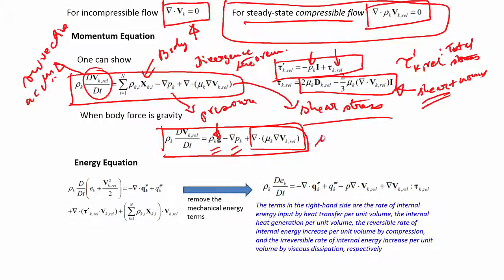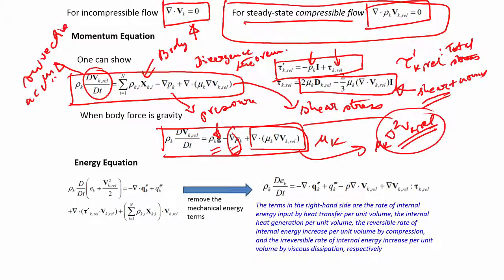If mu k is constant, then this term becomes, sorry, this is not the Laplace, this is the grad of the pressure field, and here it is the Laplace of the velocity if mu k is constant. So mu k you can take out. This is very simple; this is the corresponding Navier-Stokes equation that you are familiar with.